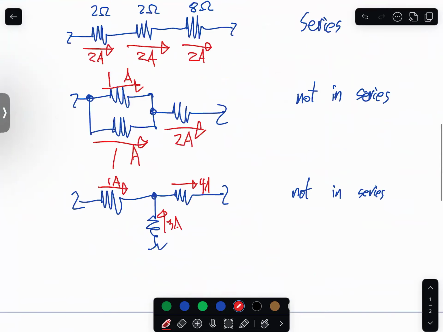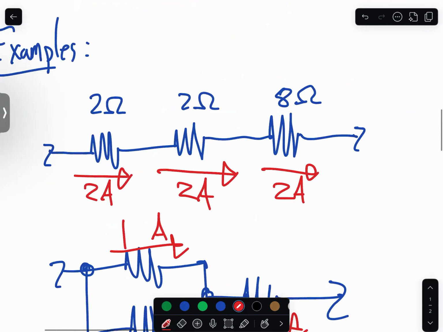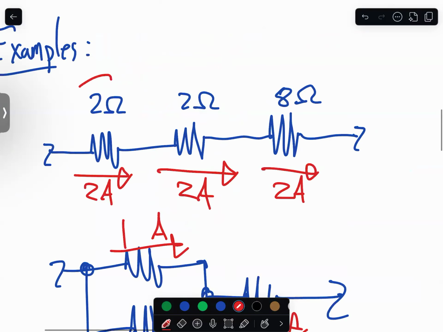So, for instance, let's look at this. Suppose I have 4 volts here, 4 volts here. What can you tell me about those 4 volts? Are those the same 4 volts?